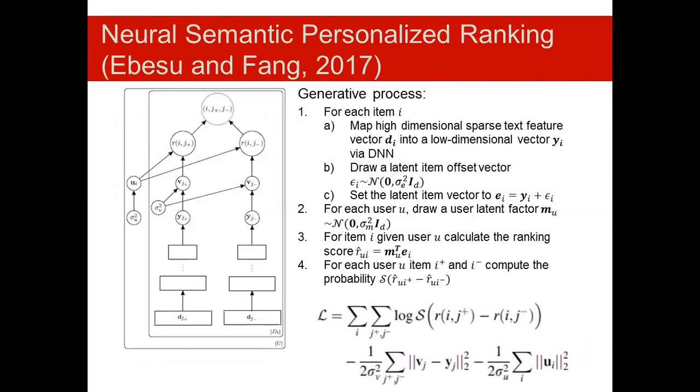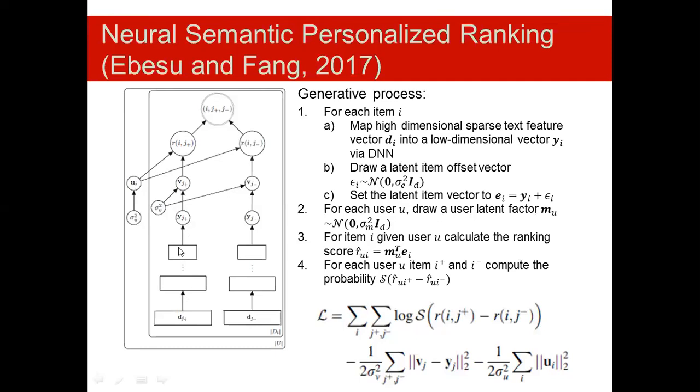We also published a paper proposing the so-called neural semantic personalized ranking. Here, the D_j are the content representation of the item, for example, the bag of words representation of the items. Then we apply a deep neural network to get the latent representation of those items from the content.